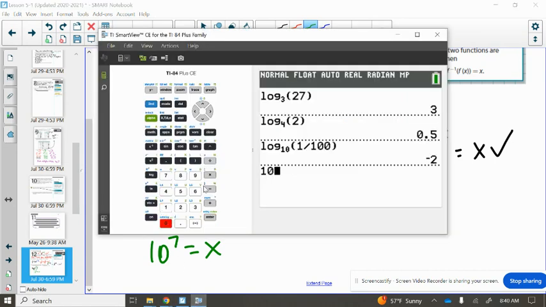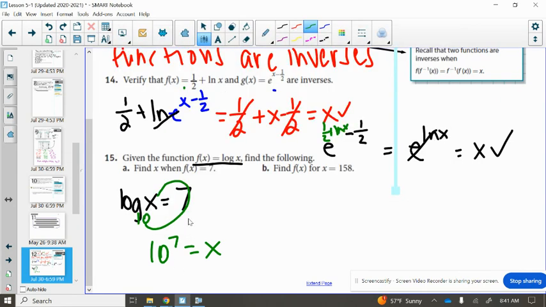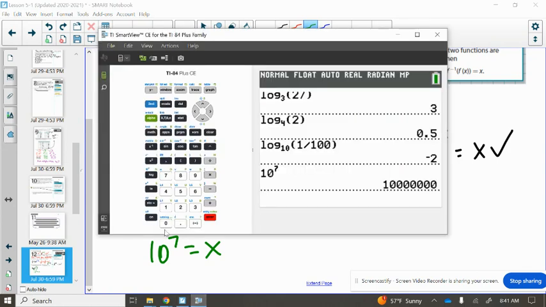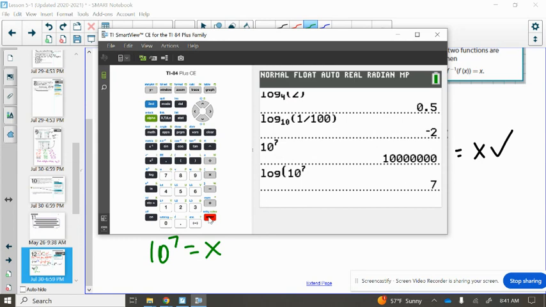So 10 to the 7th power, we get 10 million on that one. And you can also double check: if I truly took log base 10, the common log, of 10 to the 7th power, I get 7 as my output value.